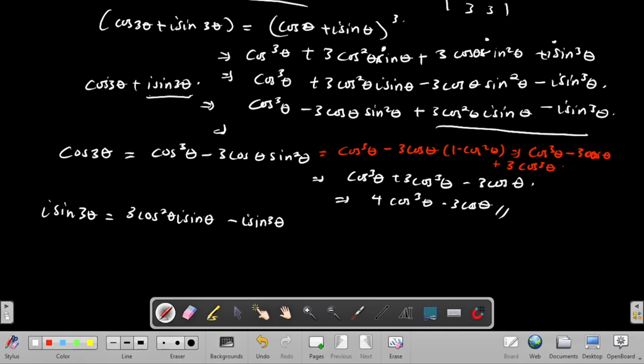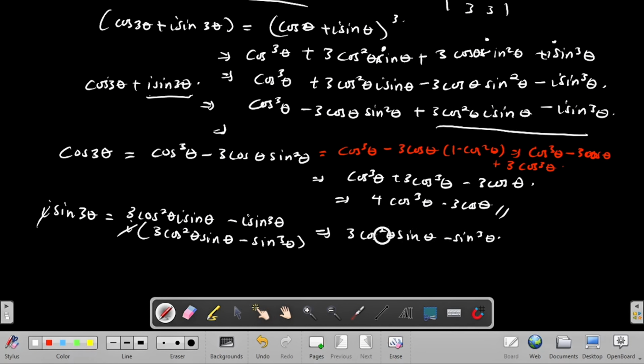At this point, you can see that I can factorize my I out and I'll get 3 cos squared theta sine theta minus sine cube theta, so that the I will cancel the I here. So my sine 3 theta now becomes 3 cosine squared theta sine theta minus sine cube theta.